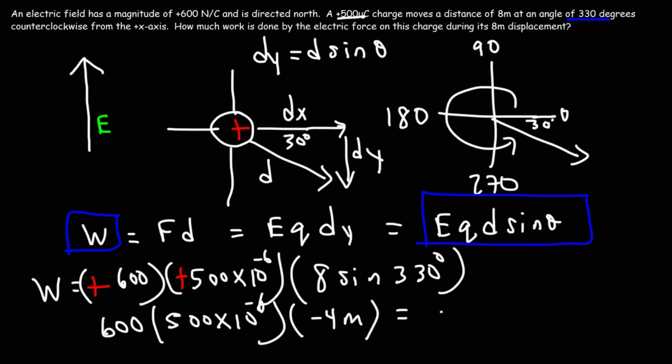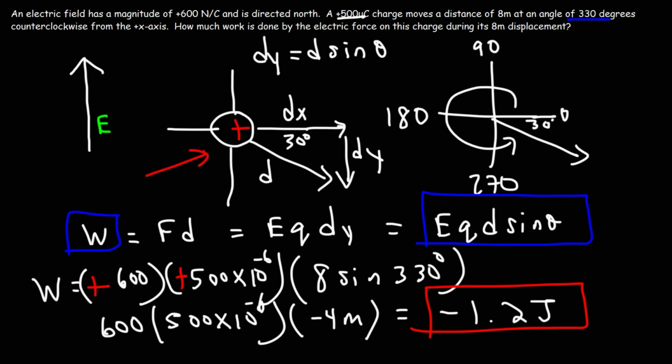So the final answer is going to be negative 1.2 joules. So that's how much work is done by the electric field, or you could say by the electric force, which is due to the electric field. That's how much work is done by that force on this particular charge.